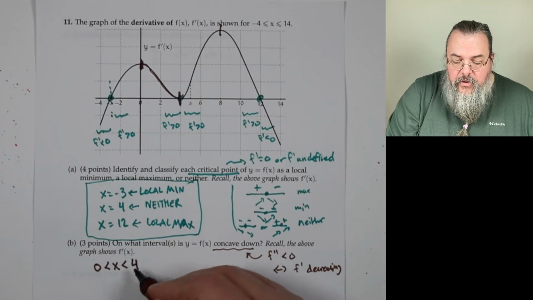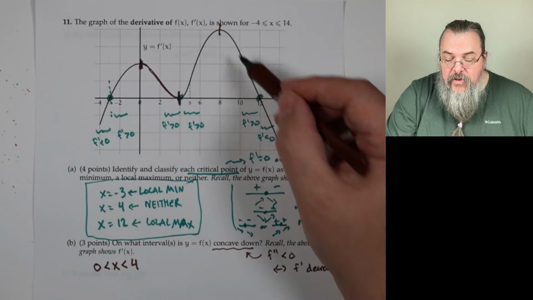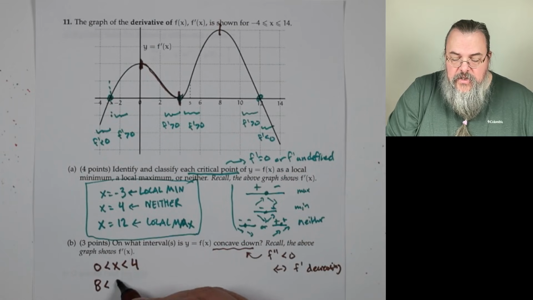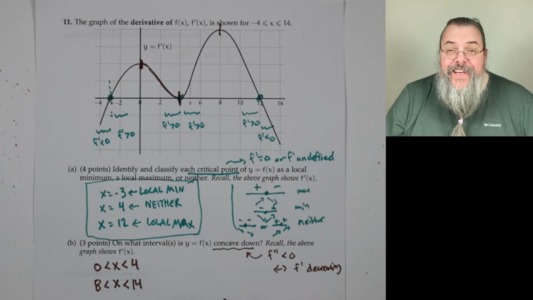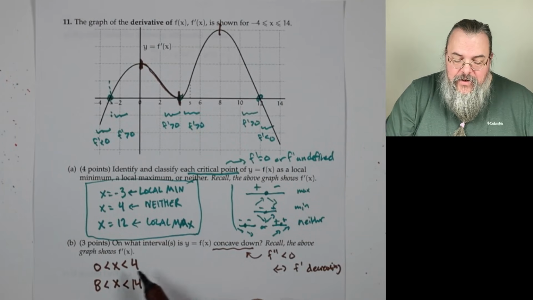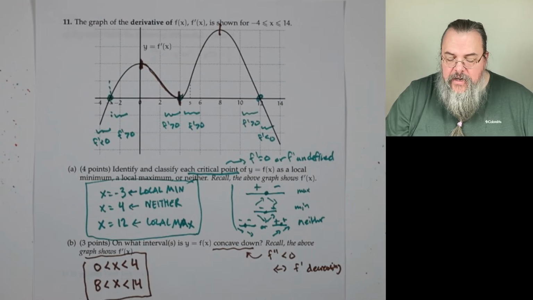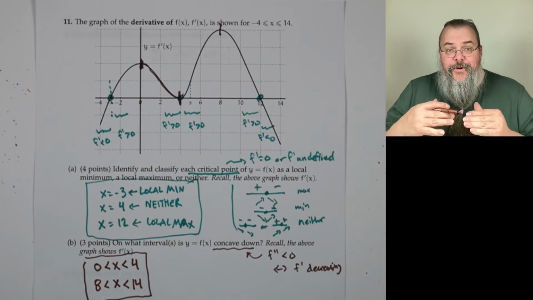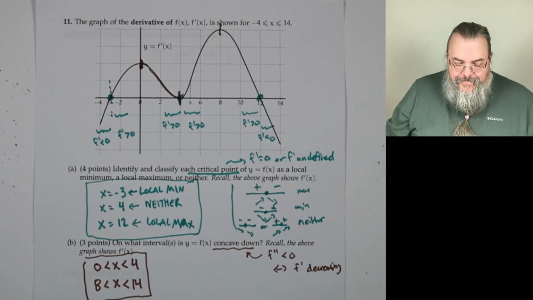So from 0 to 4, and from 8 to 14. Now, there's arguments. Should we include the endpoints or not? We won't test you in that fine detail. So the answer we are looking for, we are concave down on those intervals, because those are the intervals that correspond to where the derivative is decreasing.